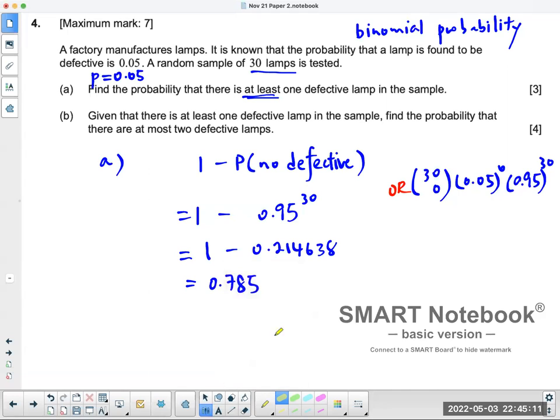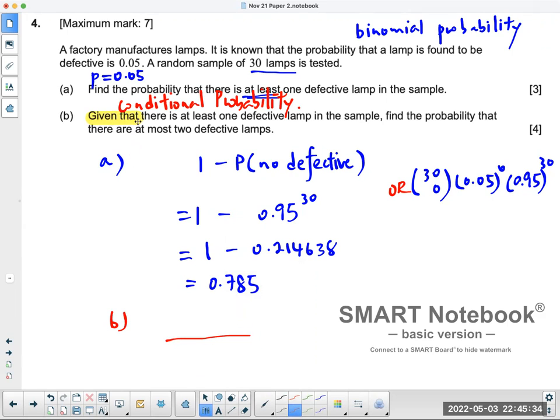Part B, the keyword here is given that. And as I said in class, anytime you see given that, bling, bling, bling, that's your conditional probability. Anytime you have conditional probability, the condition goes in the denominator. What's the condition?